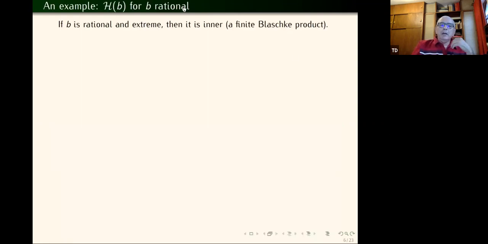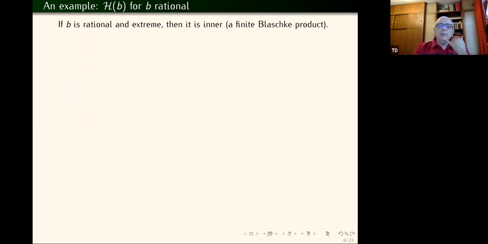Okay, now I want to discuss a particular case of H(B) space. Up to now we had some general abstract situations, but an interesting example is to see what happens if B is rational.